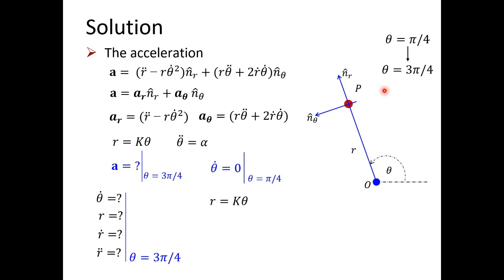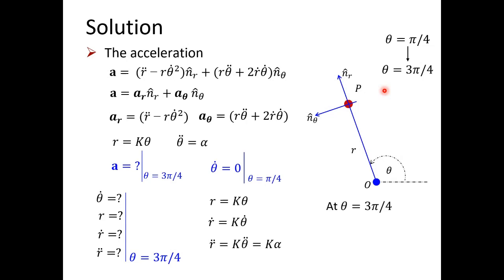Now it is given that r equals k theta, then r dot is k theta dot, taking the first time derivative on both sides, and r double dot equals k theta double dot. We know that theta double dot is alpha, therefore r double dot is k alpha.